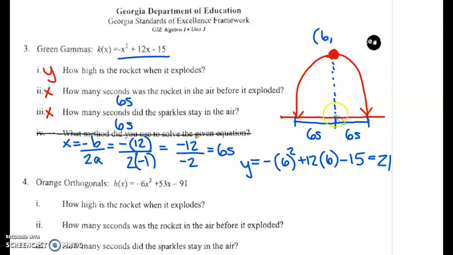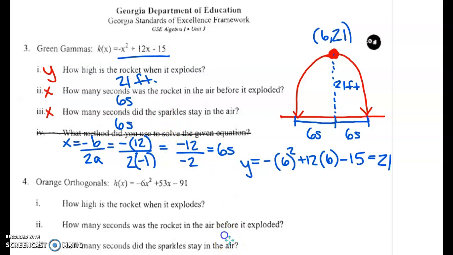So the rocket exploded at 21 feet in the air. So that is part 1, 21 feet. Remember to write your units, feet. Okay, so that is green gammas. It exploded at 21 feet, and 6 seconds for the sparkles.